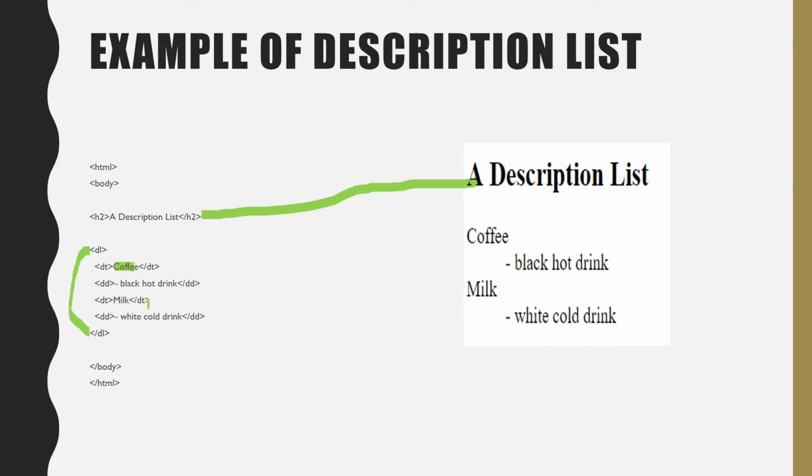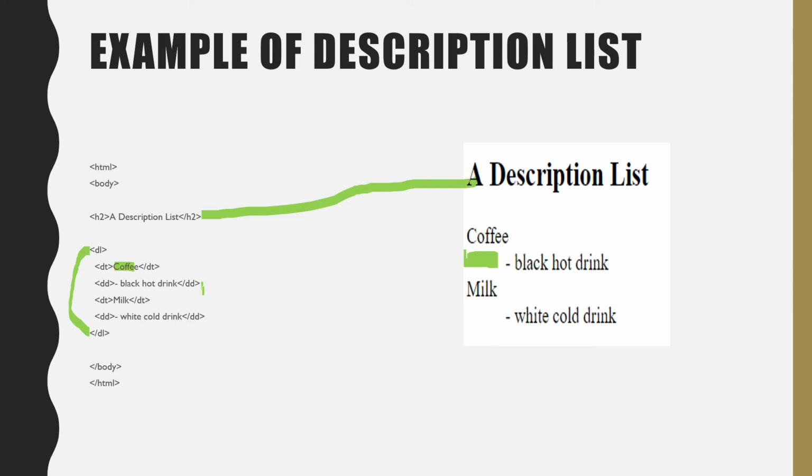I haven't added any space over here, yet you can see there is space. It is because the portion, that is black hot drink, is written in the DD tag, that is the description of terms.